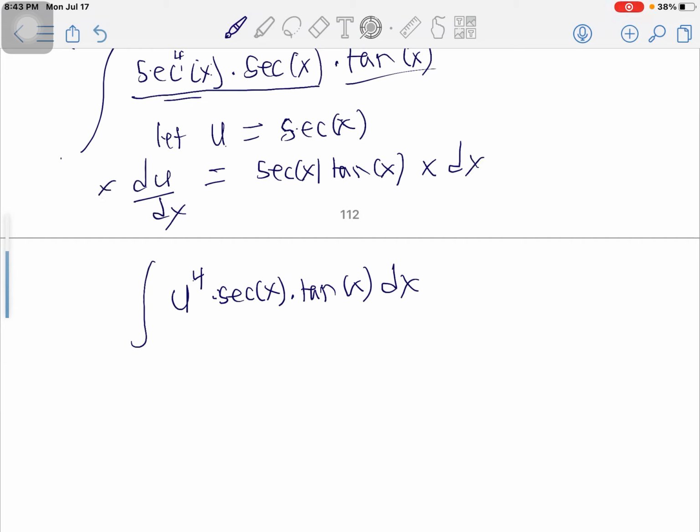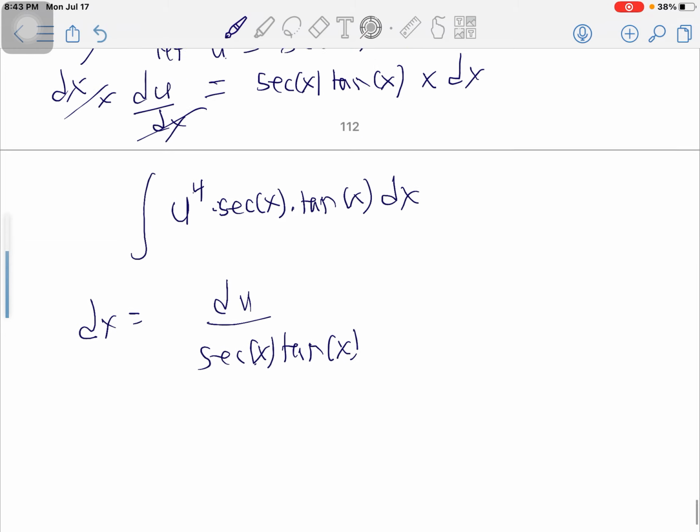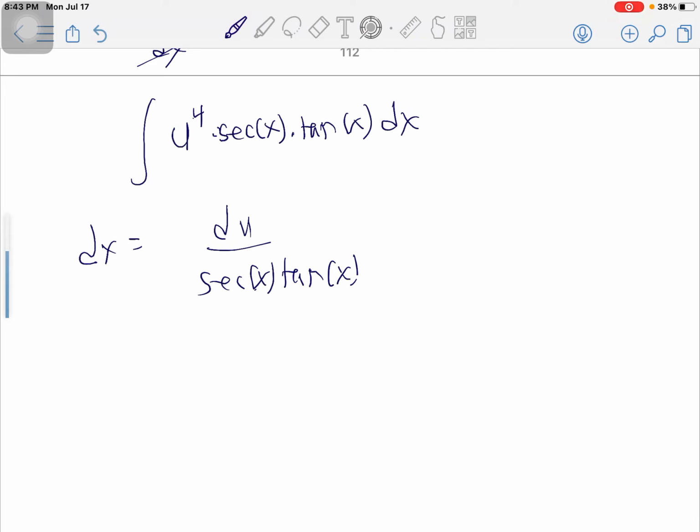Now we want everything in terms of u, and we have du/dx equal to sec x tan x. We make dx the subject, so dx is equal to du over sec x tan x.